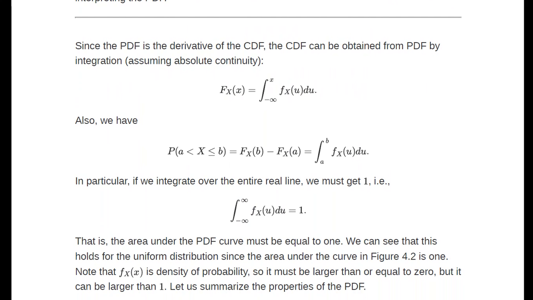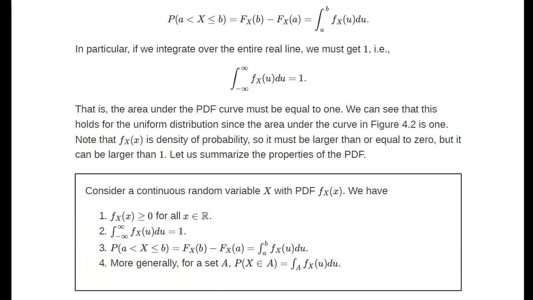Since the PDF is the derivative of the CDF, the CDF can be obtained from the PDF by integration. F_X(x) is equal to the integral from minus infinity to x of f_X(u) du. Also, we have the probability of X between a and b equal to F_X(b) minus F_X(a), which is equal to the integral from a to b of f_X(u) du. In particular, if we integrate over the entire real line, we must get 1.